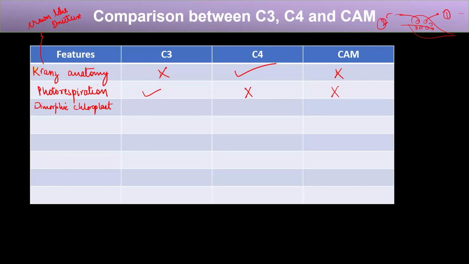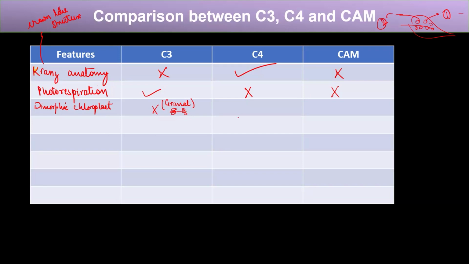So we did not see dimorphic chloroplast in the case of C3. In C3, there is only one type of chloroplast present, and that is the granal chloroplast, right? Because it has grana, and they are connected like this.